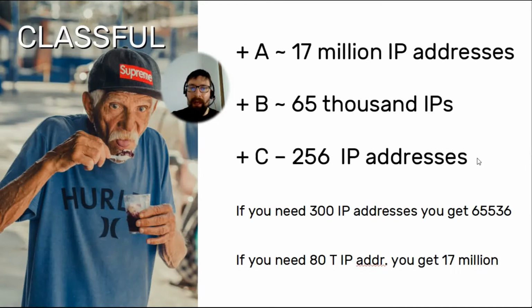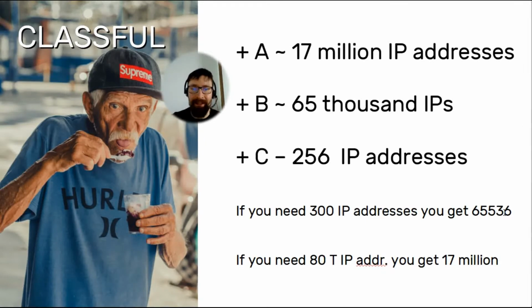They're huge. If you need 258 IP addresses, you jump to the next class, which is Class B, and you get 65,000 IP addresses, or precisely 65,536 IP addresses.